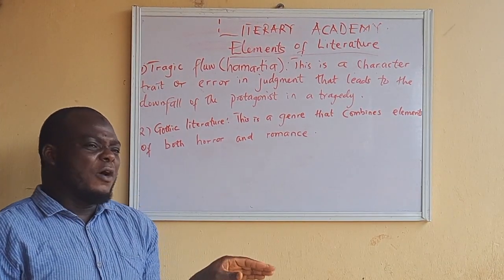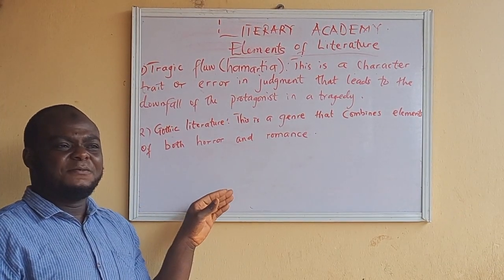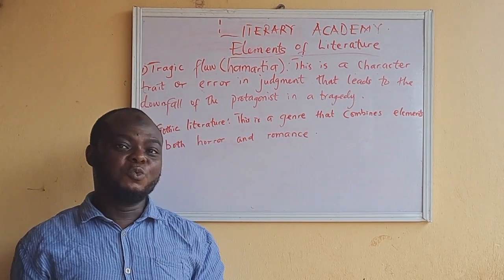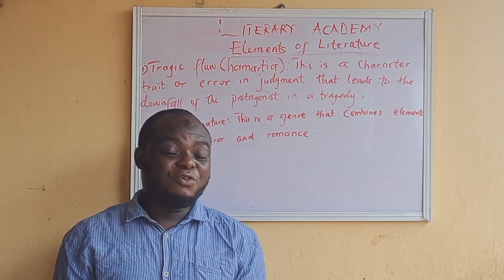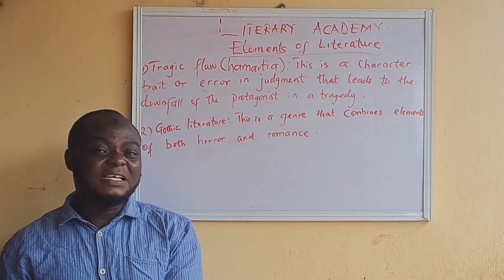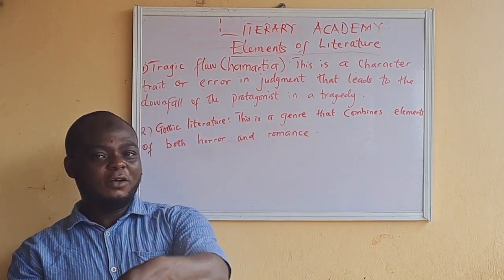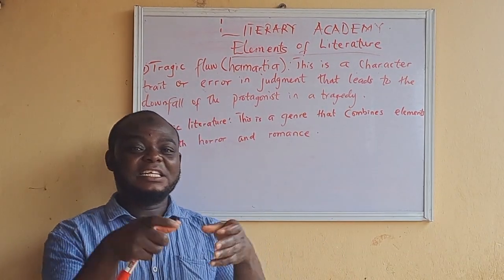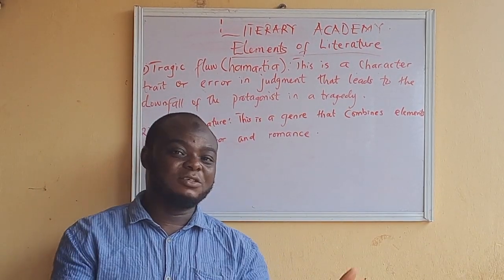A perfect example of this is a novel written by Emily Bronte, Wuthering Heights. Wuthering Heights mixes elements of horror with romance. In fact, the central idea of that work is romance, love.